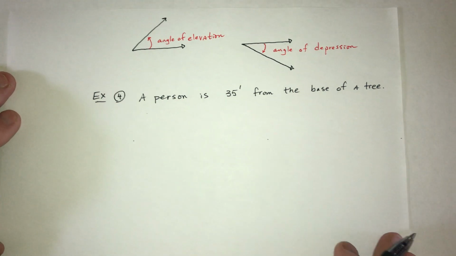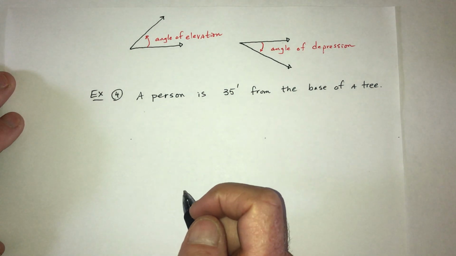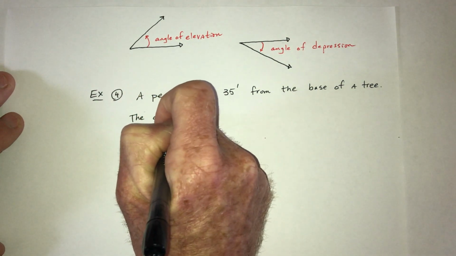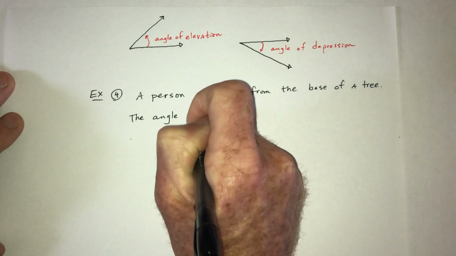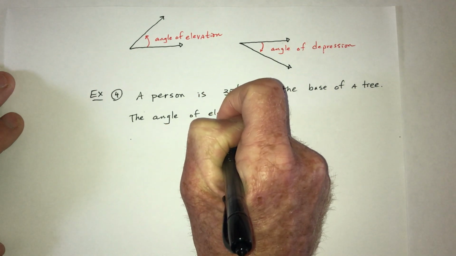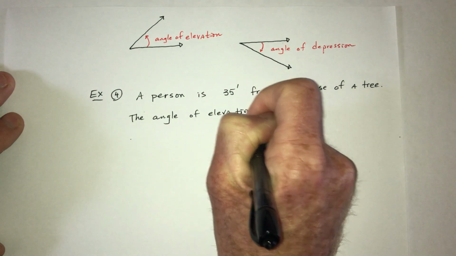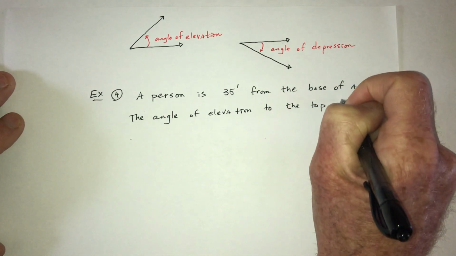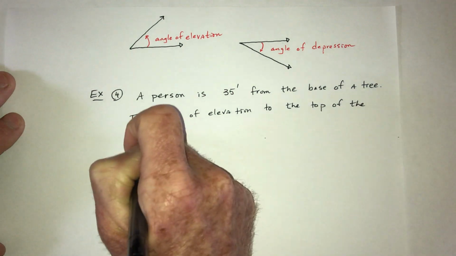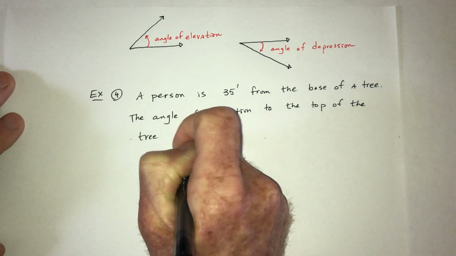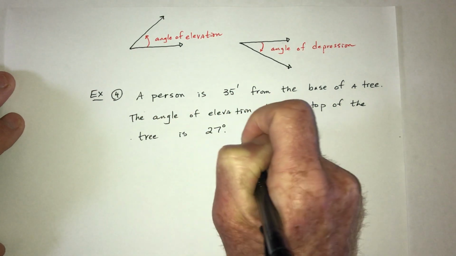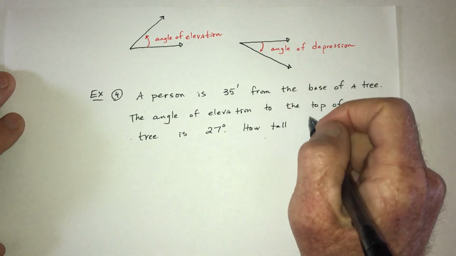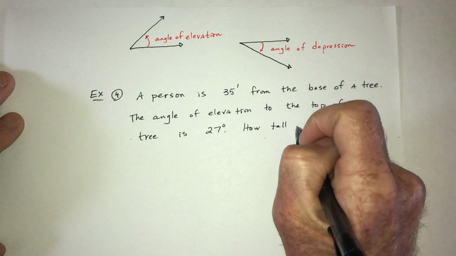It's not growing at an angle or falling down, it's upright. And then the angle of elevation to the top of the tree is 27 degrees. We can use that small amount of information to figure out how tall is the tree.